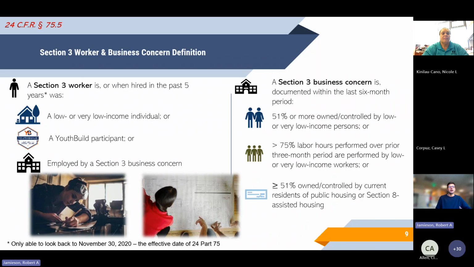What this does, and why it's beneficial and why we really do try and make sure that our contractors and subcontractors are aware of this definition, is that if we can get a subcontractor to certify as a Section 3 business under one of these three things, then for our Section 3 project, if we have a sub on there who is a certified Section 3 business, 100% of those labor hours done by that subcontractor or Section 3 business would be Section 3 worker labor hours.